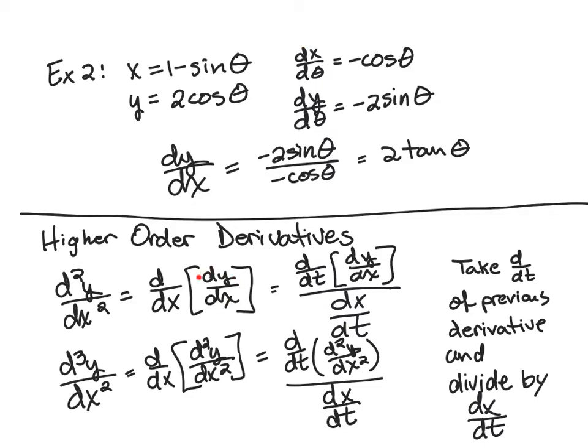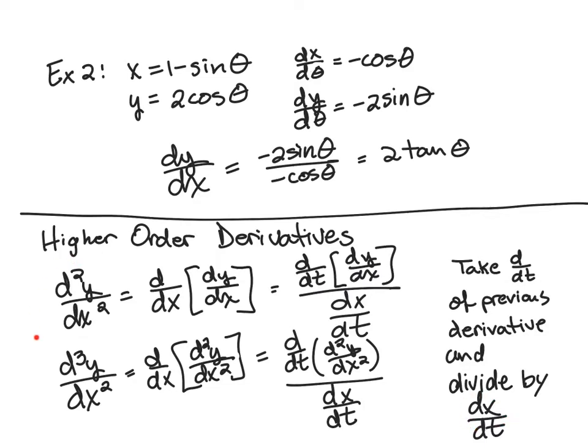We're going to take the derivative of what we just found with respect to t right here, and then divide that by dx/dt. So every time you take another derivative, you're taking the derivative of the previous derivative with respect to t, and then dividing by another dx/dt.